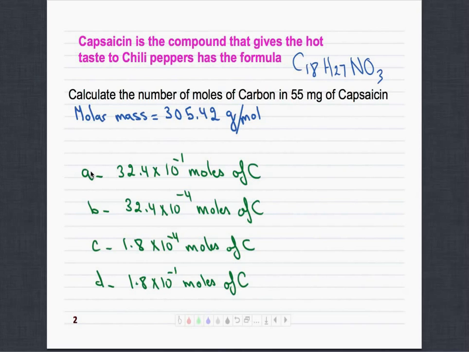How does the 55 milligrams come into play? So you calculate the number of moles of the substance itself. Right. So there's 55 milligrams. Okay, so 55 milligrams divided by 1,000, you get grams, right? Okay. So it's probably not A, then divided by 305.42 grams per mole.